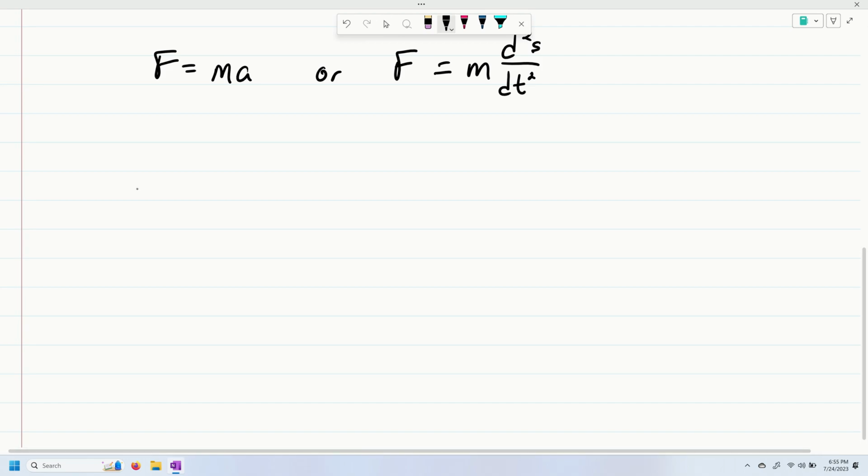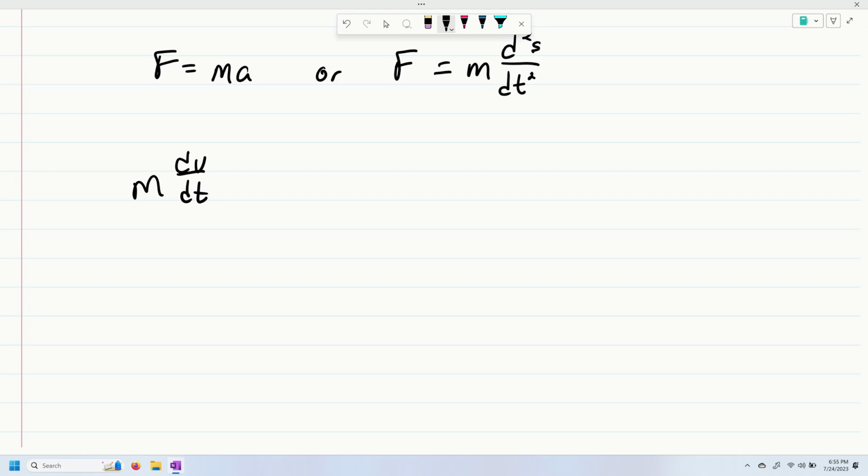It's just I'm going to write ma as mass times the derivative of velocity with respect to time. So this right here is our ma, equals. Now, when we write F, what we really mean is the sum of the forces, or all the forces involved. We just write F, but you have to think about what's really happening.